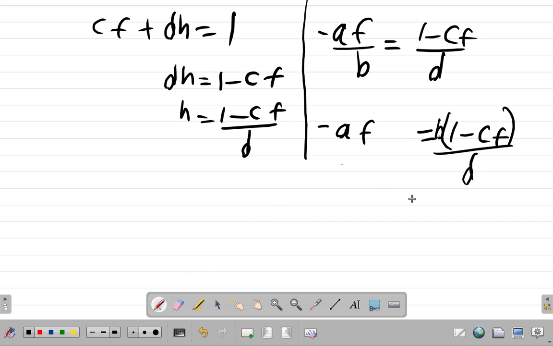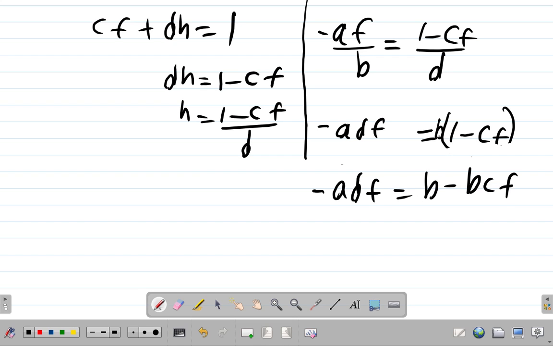Now, if we multiply both sides by D, D will cancel itself. And what you would end up with here is negative ADF. Now, expand the bracket. We have negative ADF equals B minus BCF.